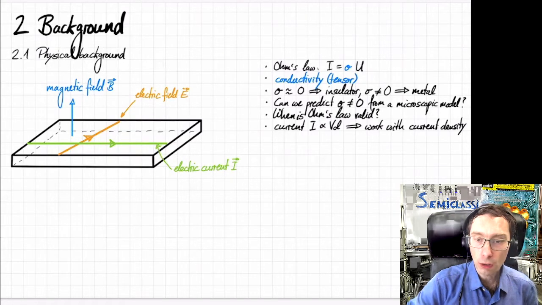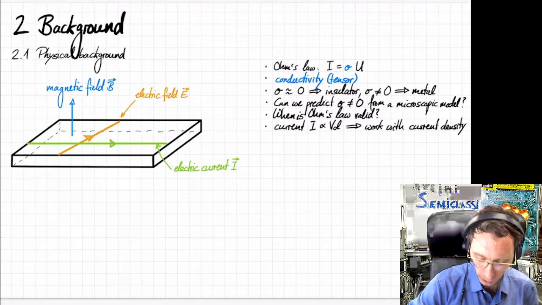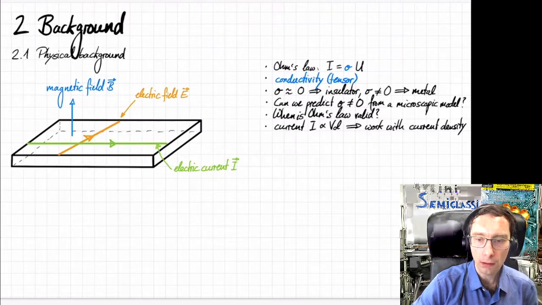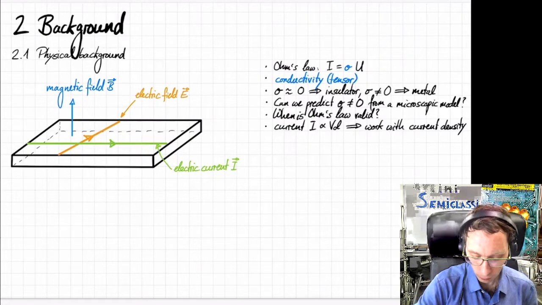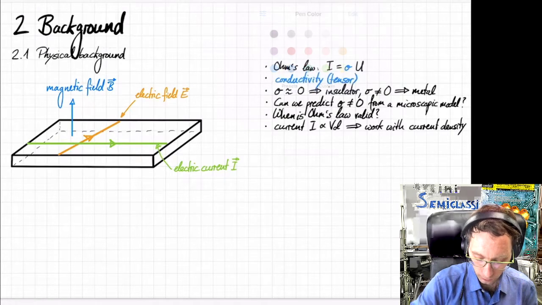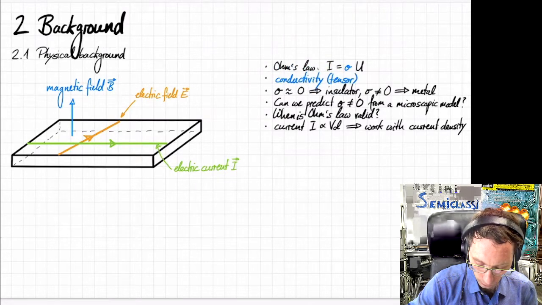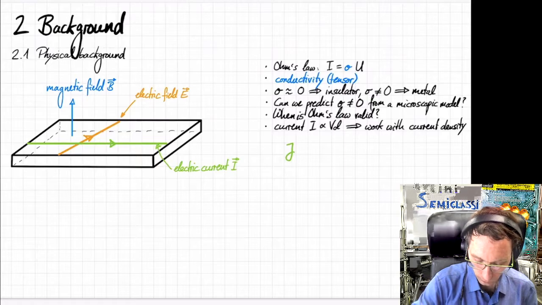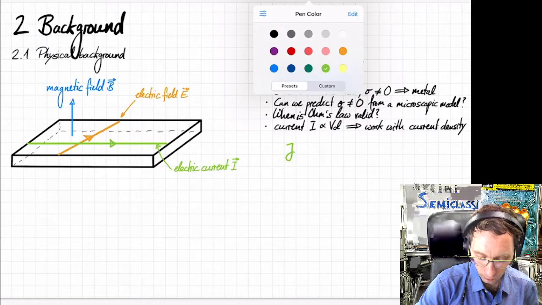And here we again have a very, very simple relationship between the current density, or to be extremely precise, the expected current density, and the applied electric field.